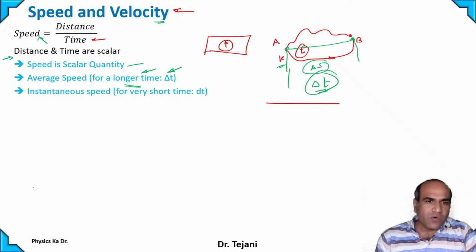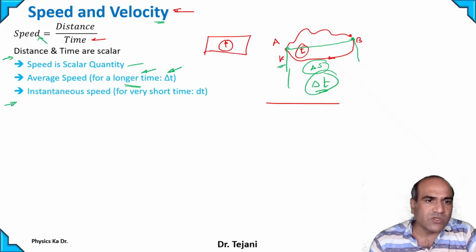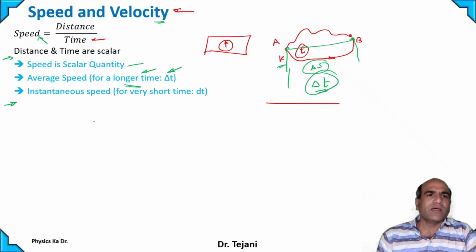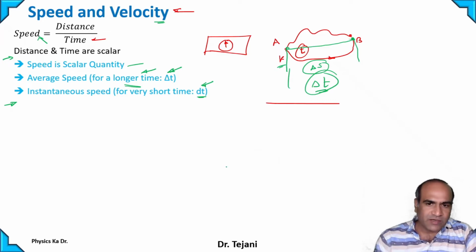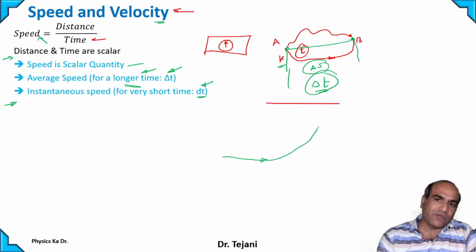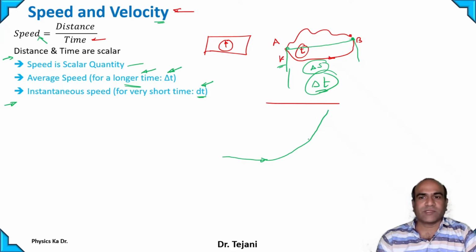And there is one more terminology that we will also be studying, that is instantaneous speed. Instantaneous means it is specified for a particular instant, a very short time. That is where we use delta t. For example, a plane starts moving on a runway, then it takes off.